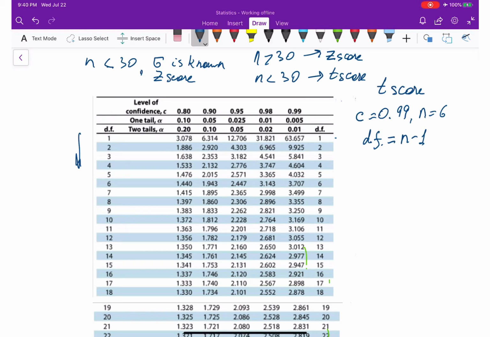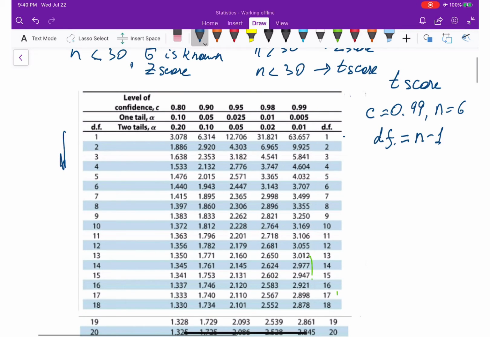Now let's learn how to work with the table. What do we have here? Level of confidence. We have one tail and we have two tails. Degree of freedom is coming in the column. So to understand confidence level, let's say 99%, these tails are going to be our error.